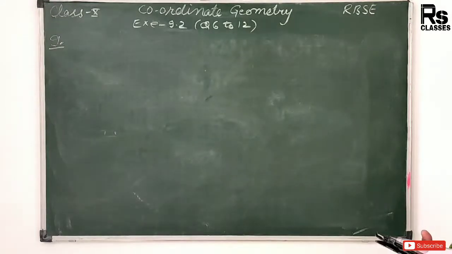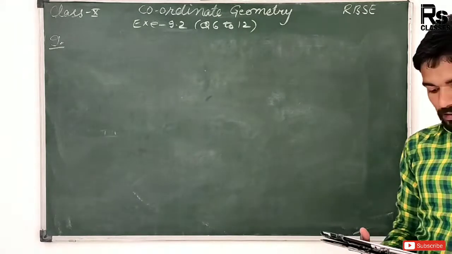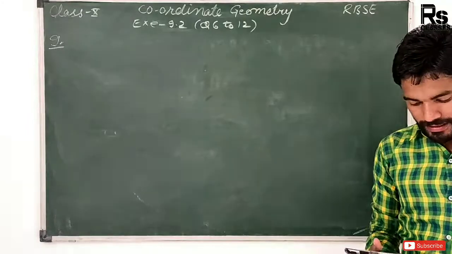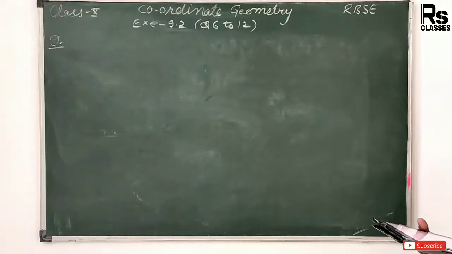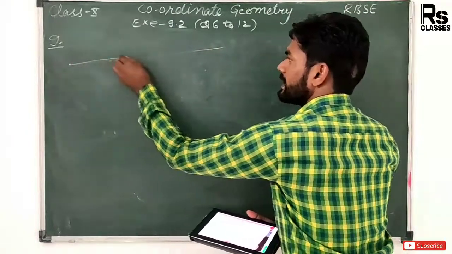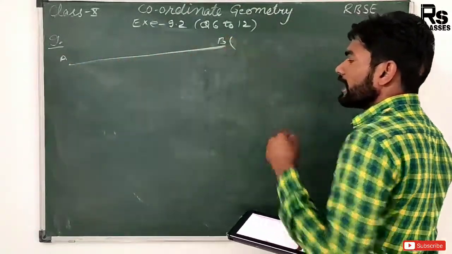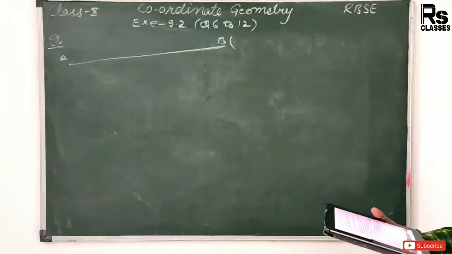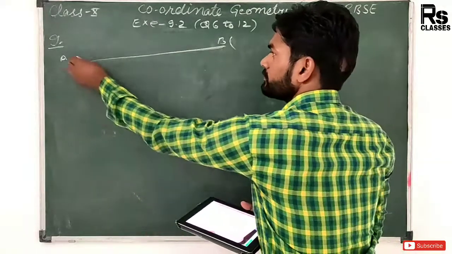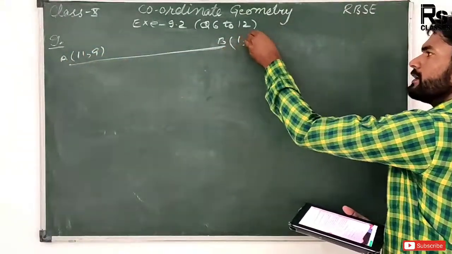Question number 9 is: find the coordinates of the points which trisect the line segment joining the points. A line segment is given. Assume this is the line segment AB, and the coordinates of both the endpoints are (11, 9) and (1, 2).